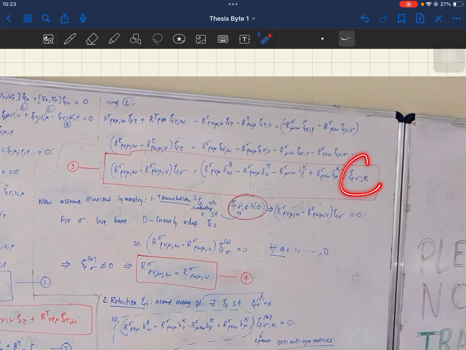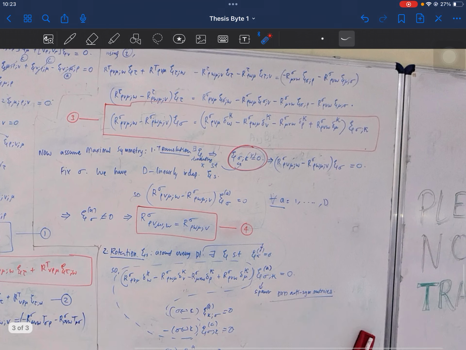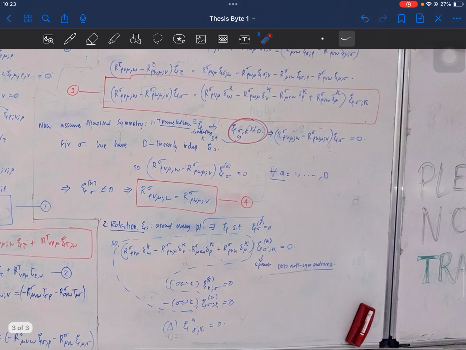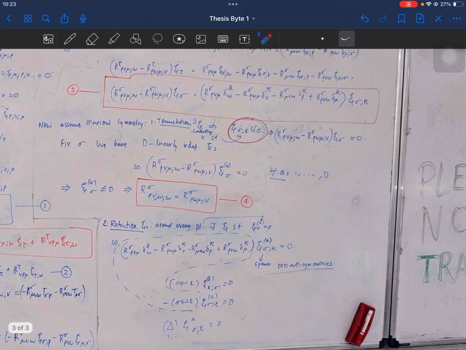If you consider translation, the derivative vanishes, then you get a relation on these coefficients due to the linear independence of the solutions to the KVF equation of Zee's, and then your coefficient vanishes. And then if you consider rotations, your other coefficient vanishes after taking a symmetric combination of that, or an antisymmetric combination of it, perhaps, because of the linear independence, you have to reduce it to linearly independent components to say that the coefficients are zero.